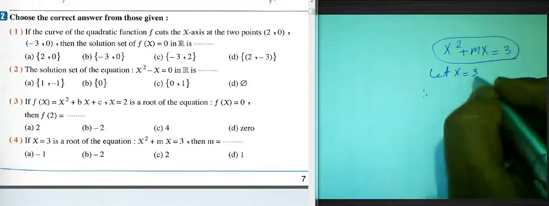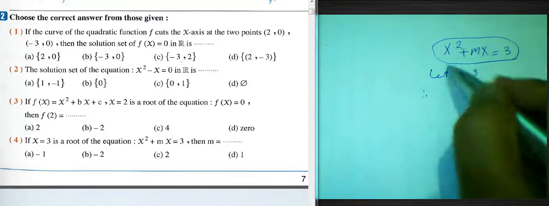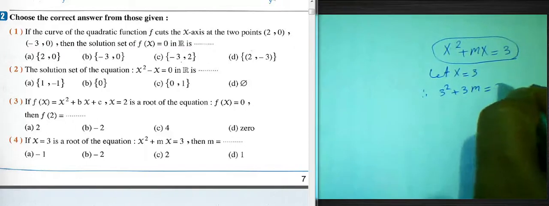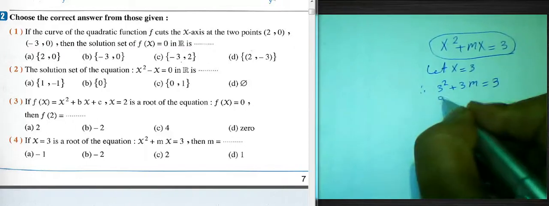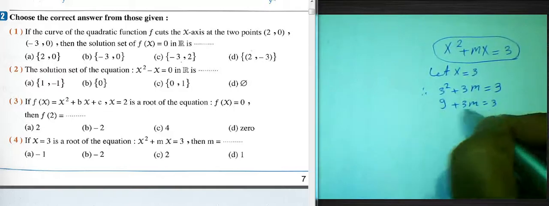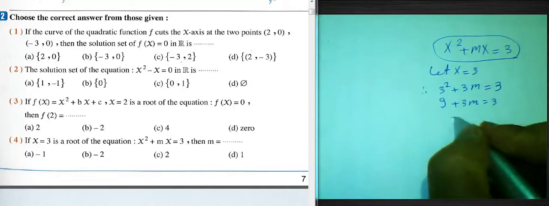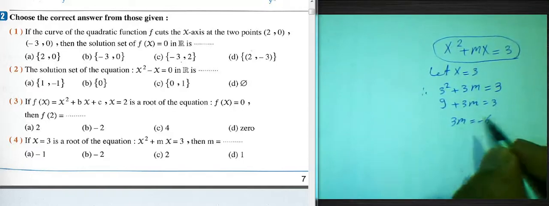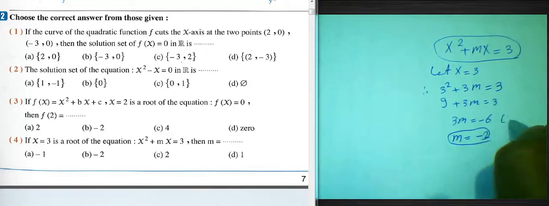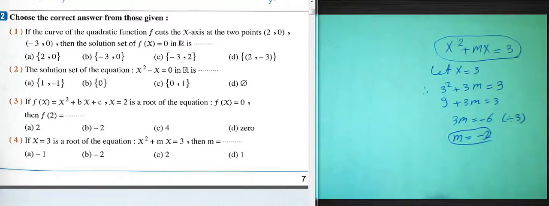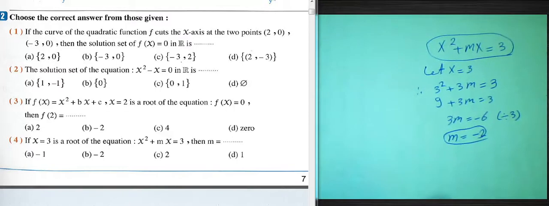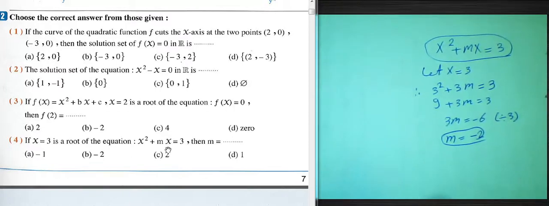So we replace x here: 3 power 2 plus 3m equals 3. 3 power 2 equals 9, so 9 plus 3m equals 3. We move 9 to the right-hand side. 3m equals negative 6. We divide by 3, so m equals negative 2. Negative 6 divided by 3 equals negative 2, so you must choose letter B. It's okay.